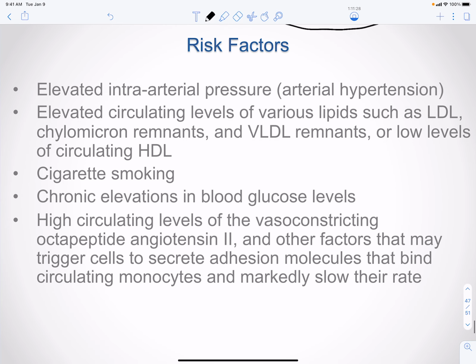Now, risk factors are going to be elevated blood pressure, arterial blood pressure, hypertension, circulating levels of particles, specifically your LDLs, even your chylomicron remnants, VLDLs, or low levels of HDLs. Cigarette smoking, chronic elevations of blood glucose levels, because that's going to lead to dysbiosis of your metabolism.